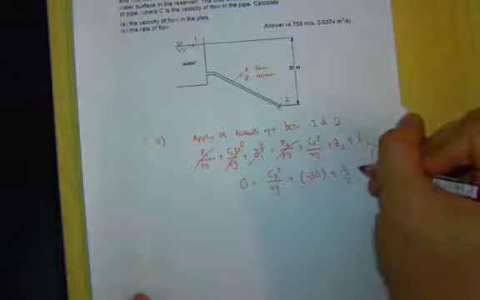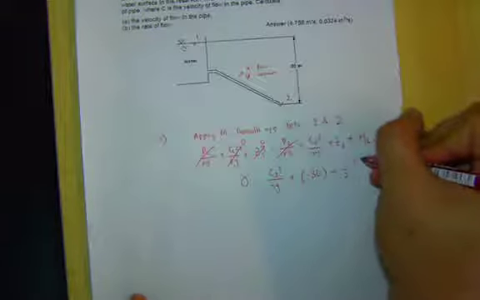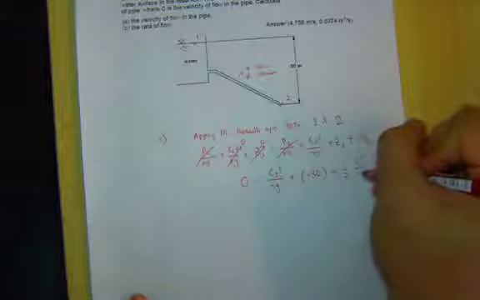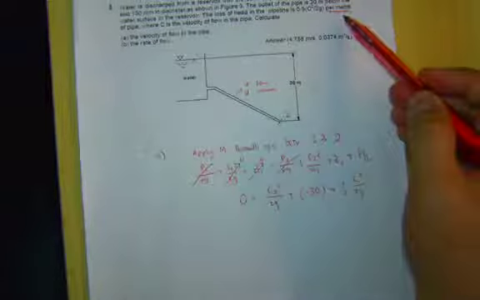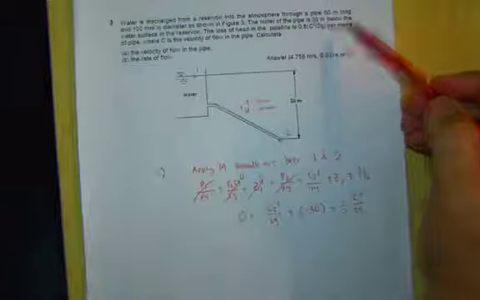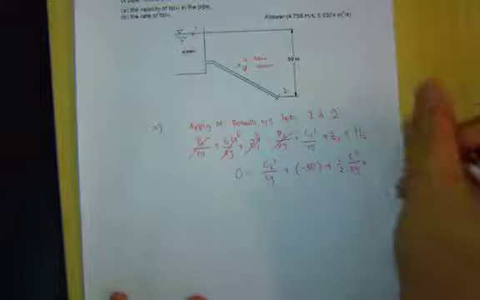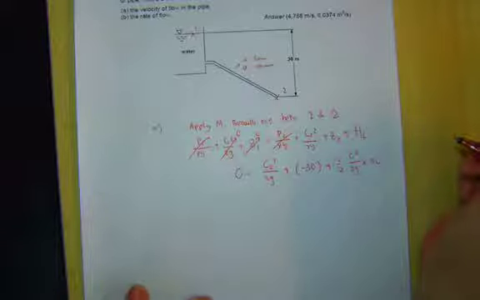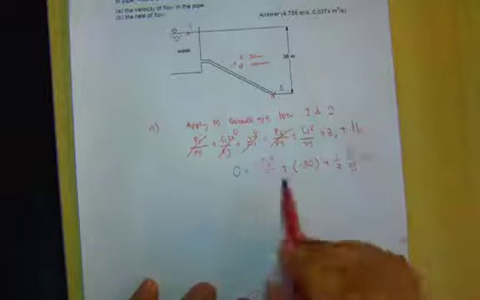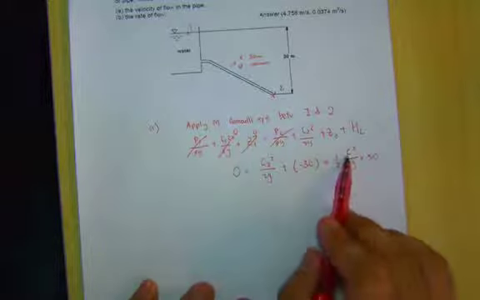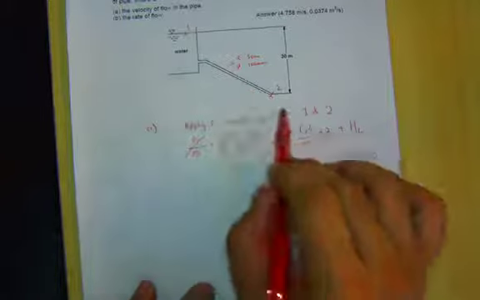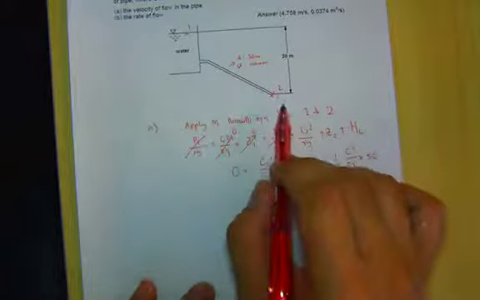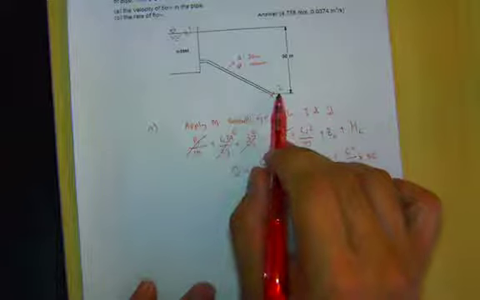Okay, so 0 is equal to C2 square over 2g plus Z2. So what is Z2? Z2 is the height from the reference point or the datum. So if this is the reference, 2 is 30 meters below, so it will be negative 30. Plus your losses will be half times C square over 2g.